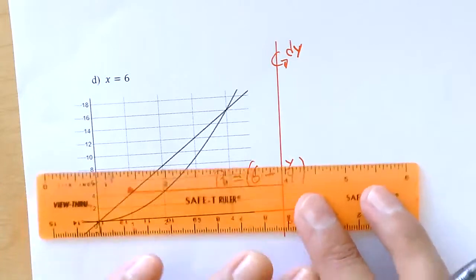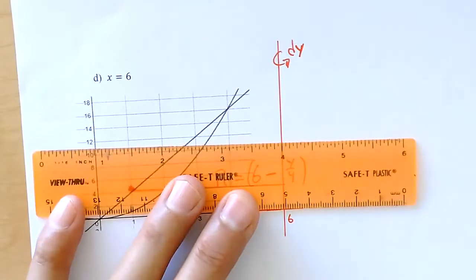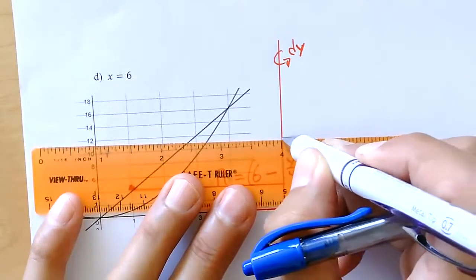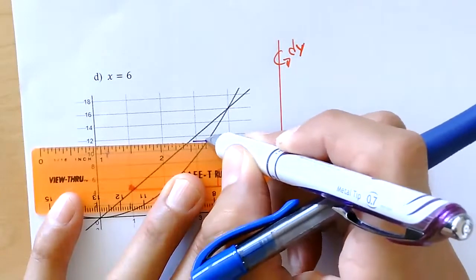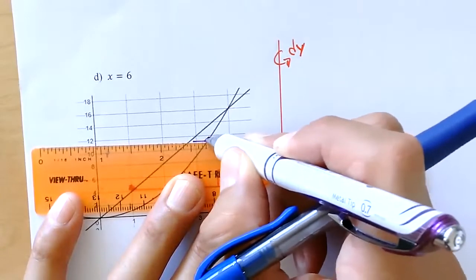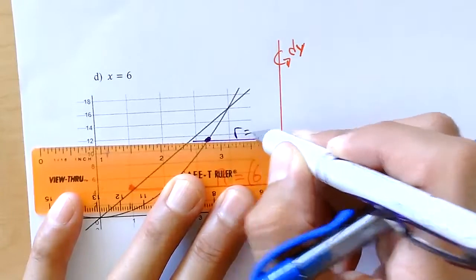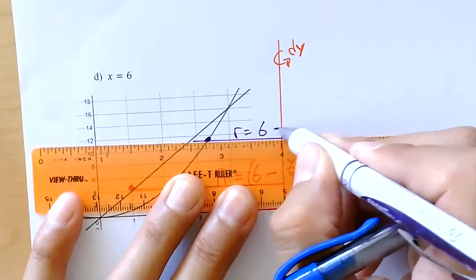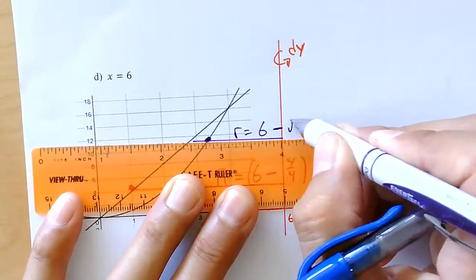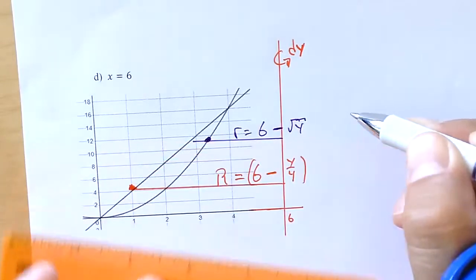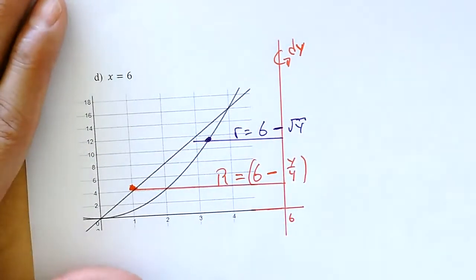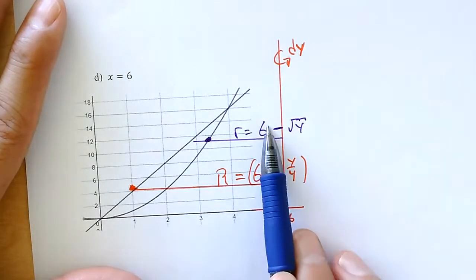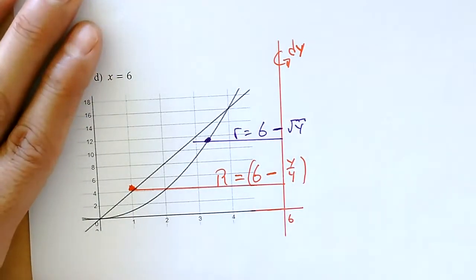The little radius is from there to that first curve. So little r will be the right minus the left. Right minus the left. Big R and then little r.